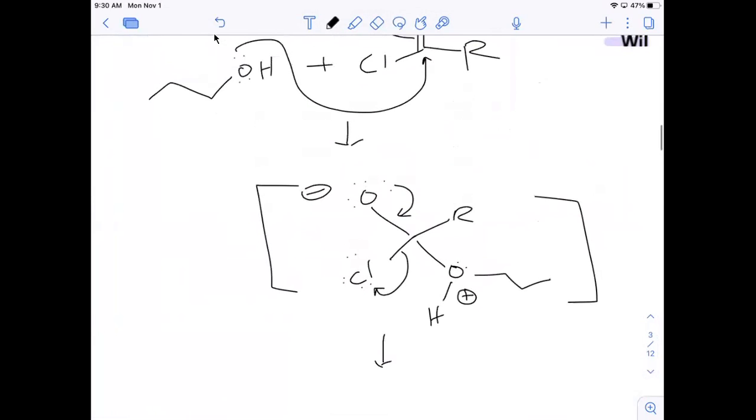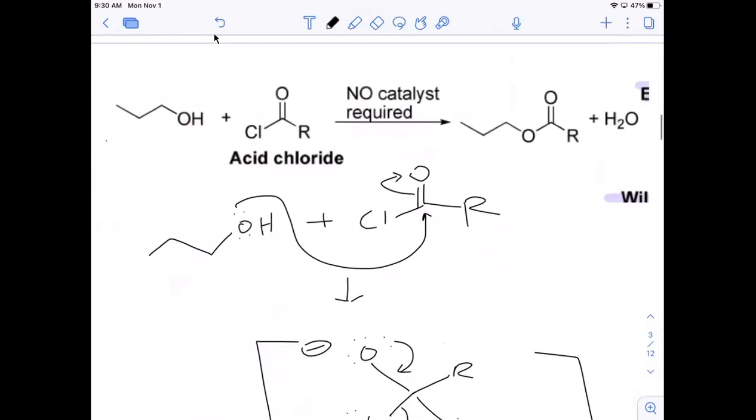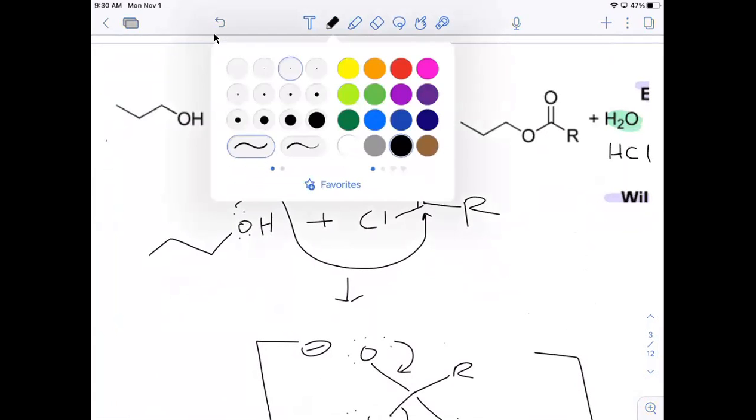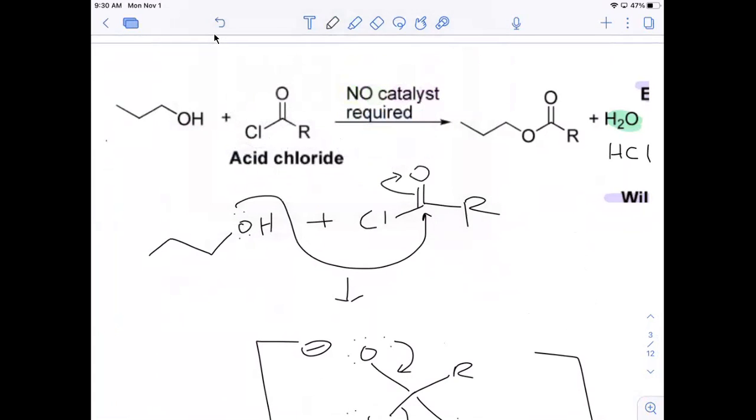And I think on the handout, there's a typo. This should be HCl. I thought I had fixed that in this handout, but I guess I didn't.